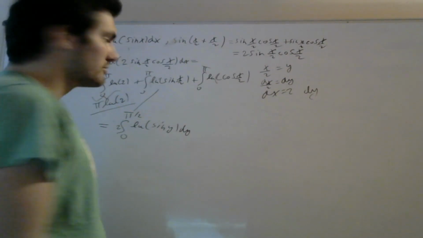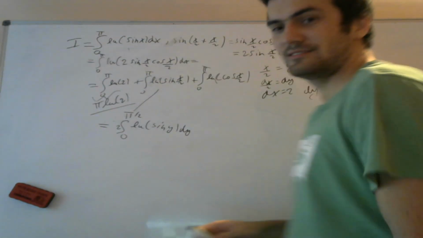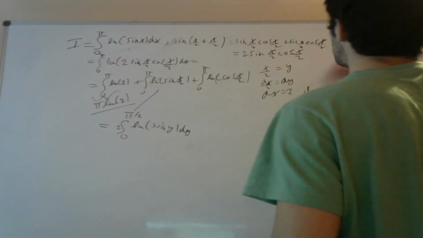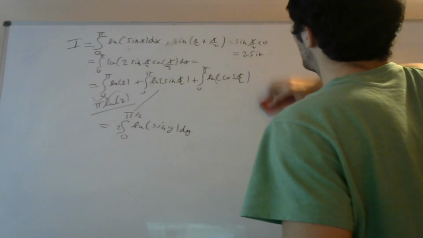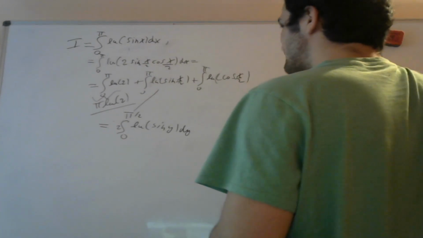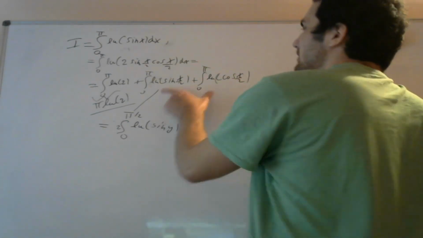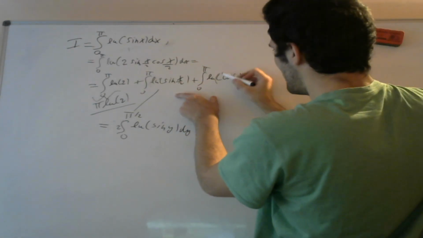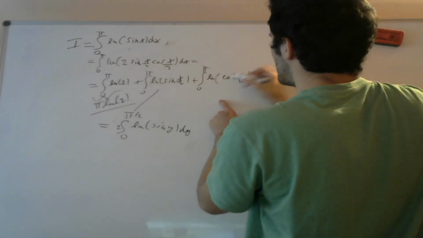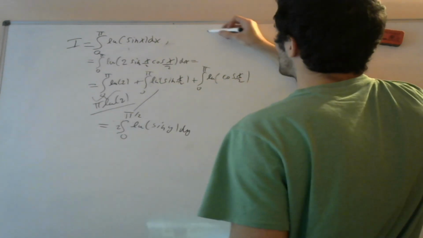Now we need to address this other one, since it will take more space than usual. Let's erase this, we don't really need it anymore. Let's introduce a substitution. This one looks similar, but the trick is to realize that x over 2 can be written as pi over 2 minus y.